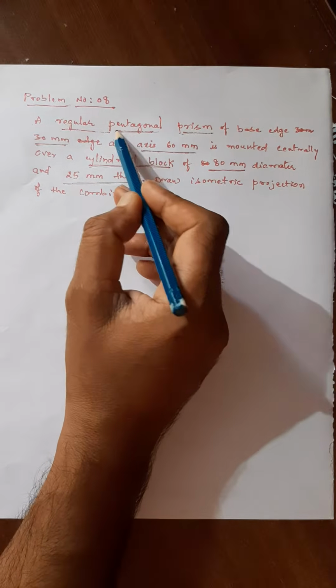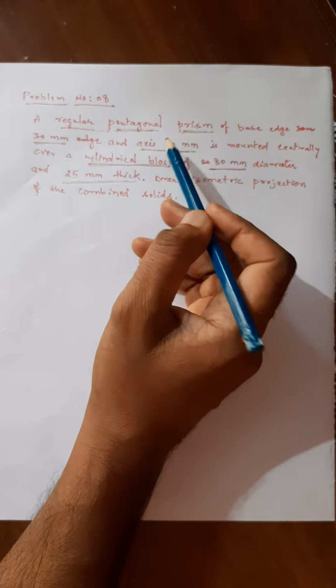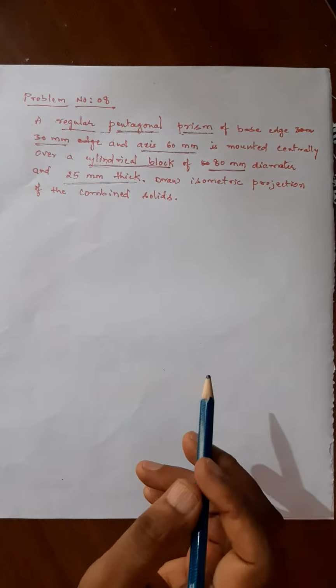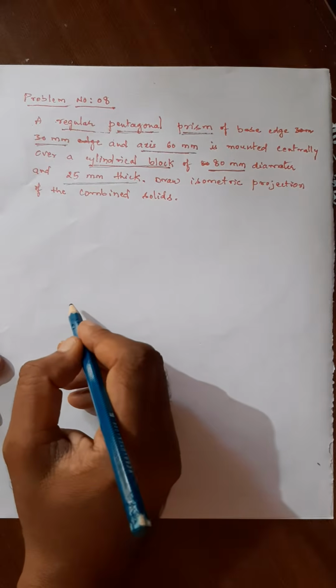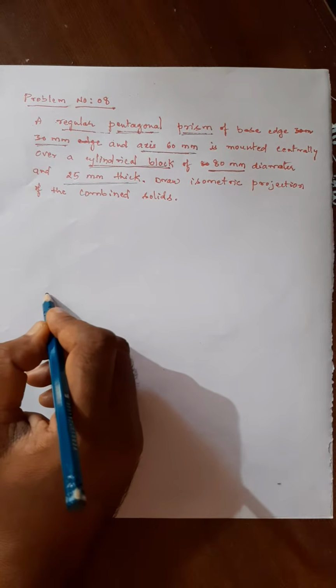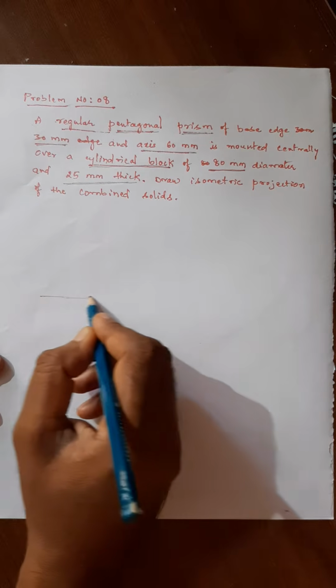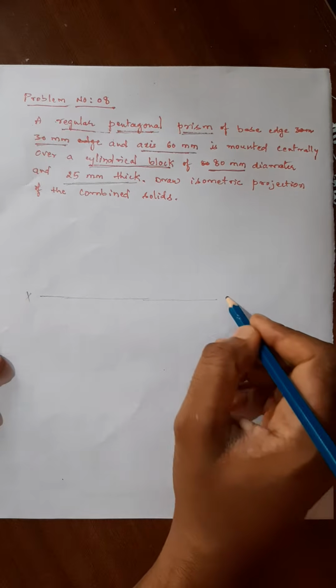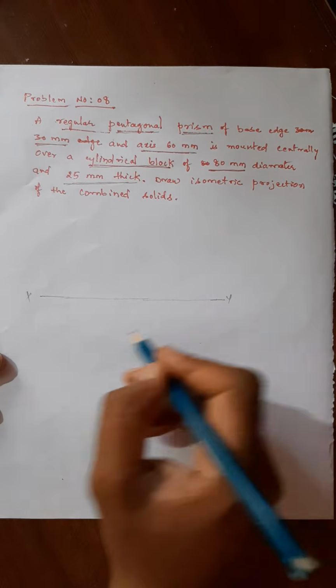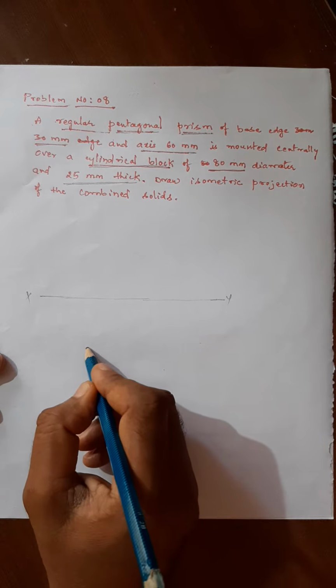So here the pentagonal prism is given. Now I will draw the approximate front view and top view. Now see, this is the xy line, and the pentagonal prism of 30 mm side like this.